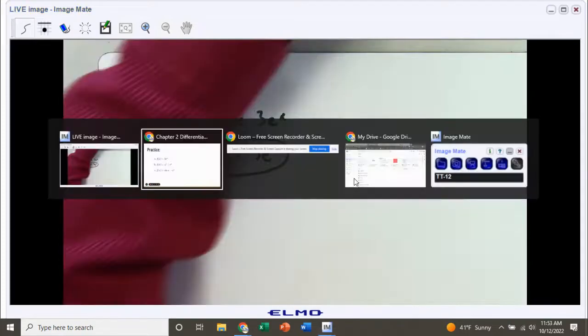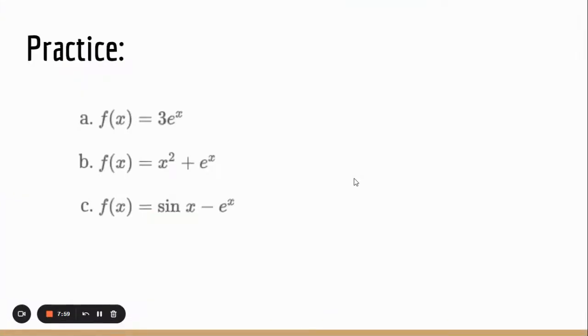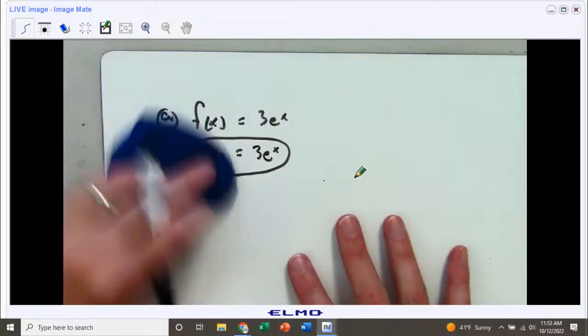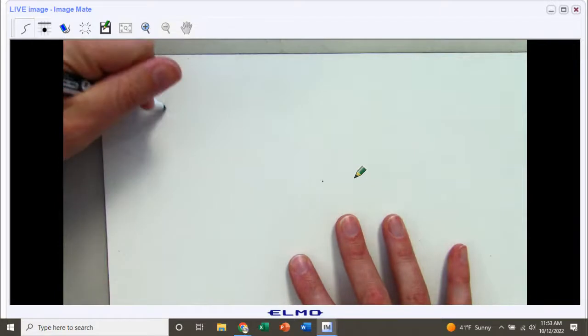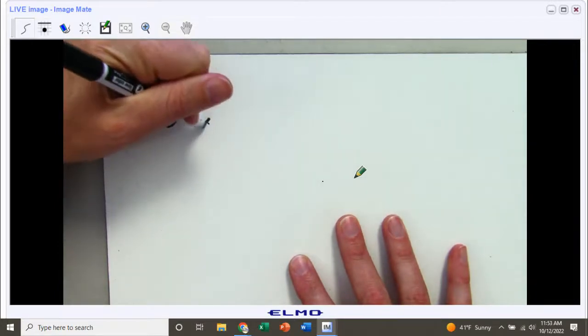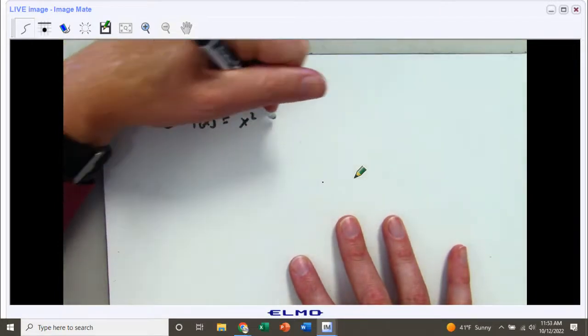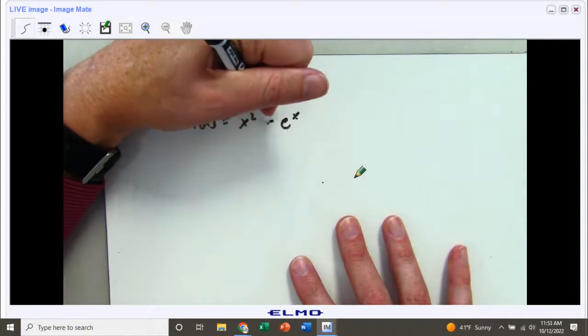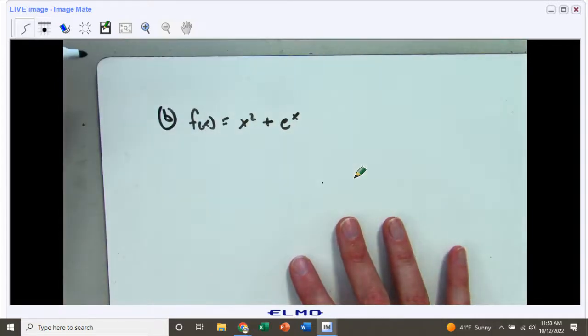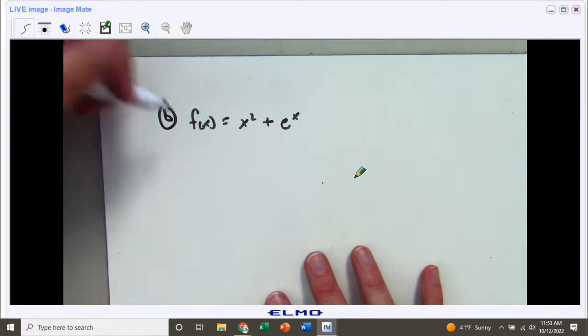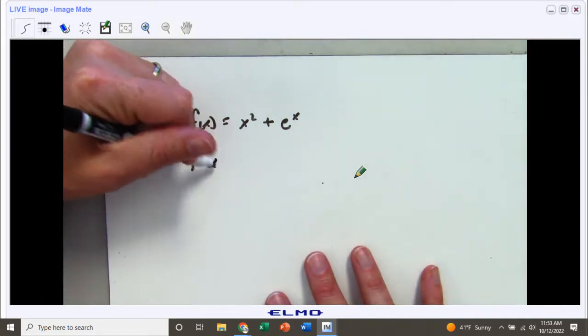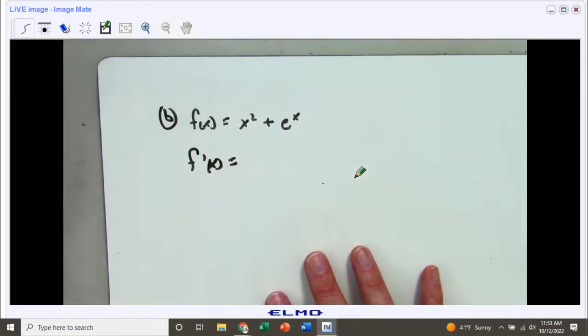Okay. Next up, we have x squared plus e to the x power. That is b. So f of x equals x squared plus e to the x power. Think about what needs to be done here. To find the derivative, we'll do each one separately and then add them up.